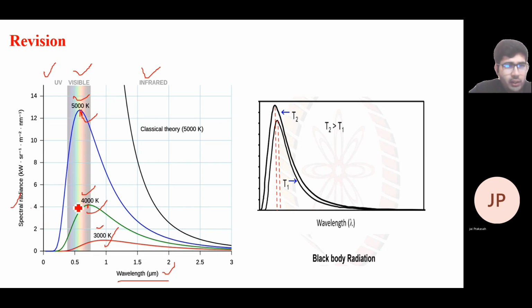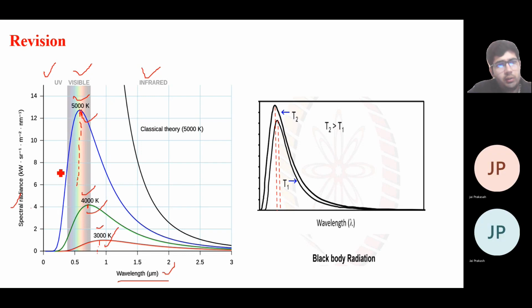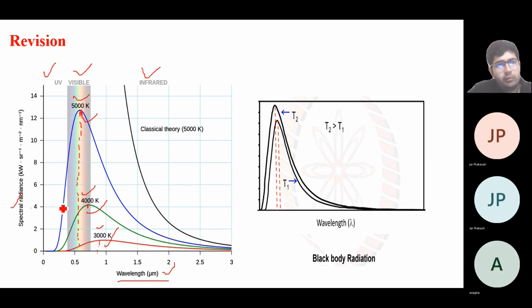For 3000 Kelvin, the peak has again shifted towards the right. You can see here, this is the wavelength for 5000, this is for 4000, this is for 3000. So as the temperature is decreasing, the peak wavelength is shifting towards the right. Or if the temperature is increasing, the peak wavelength is shifting towards the left.